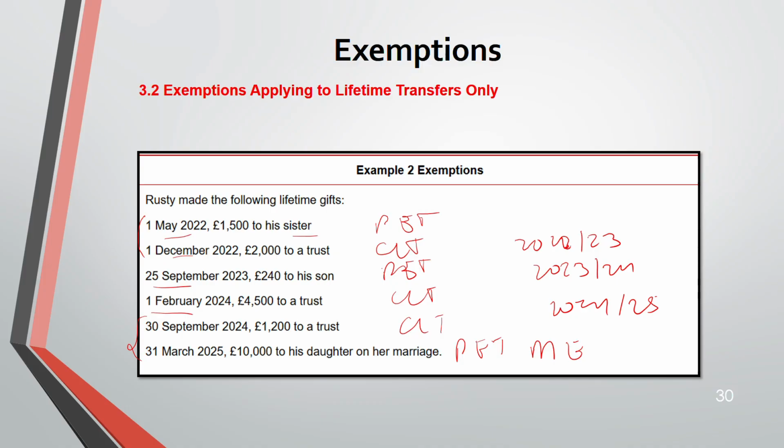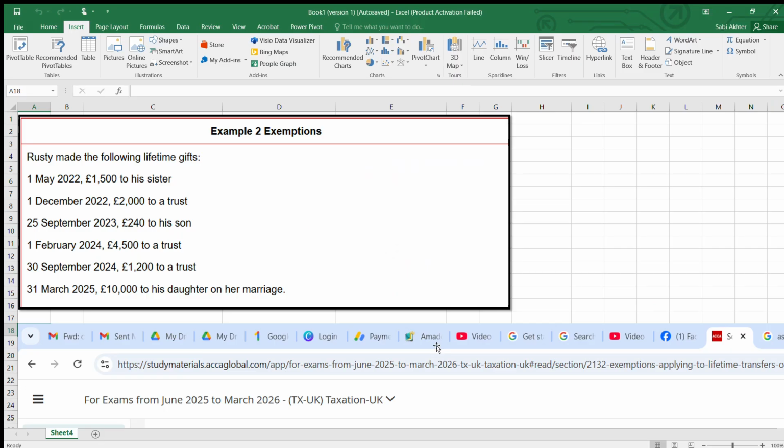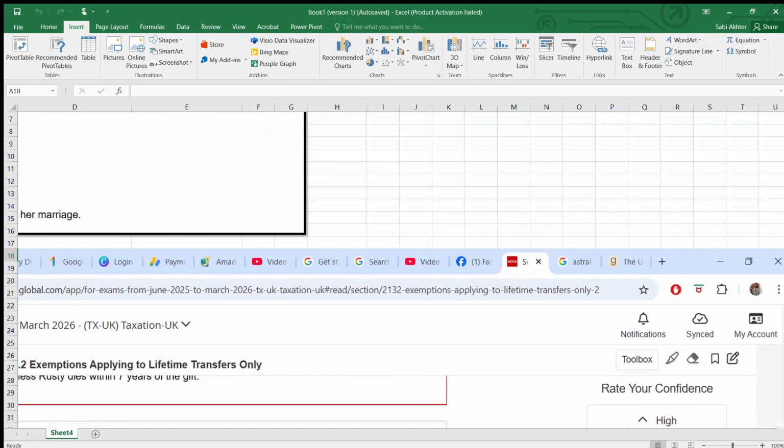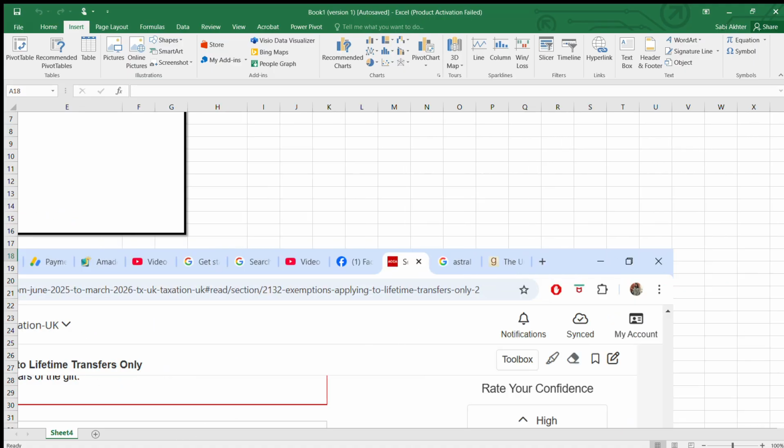So now let us do example 2. Whenever you are given a question on inheritance tax, first set up your tax year. It's very important. So let us do that.